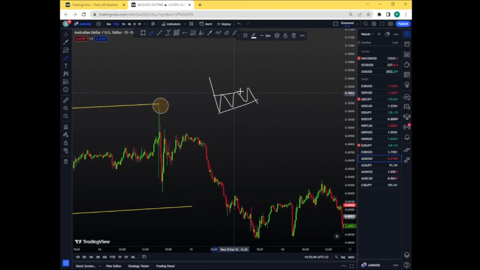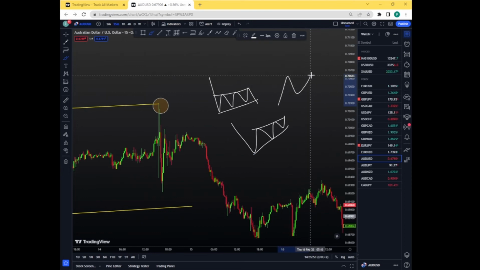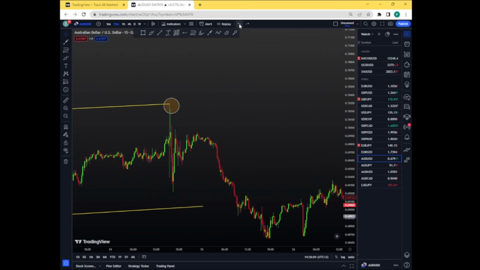It can be something like this, it can be something like this, it can be something like this, a double top. There are different types of patterns that it might create. I don't want to make this video long.